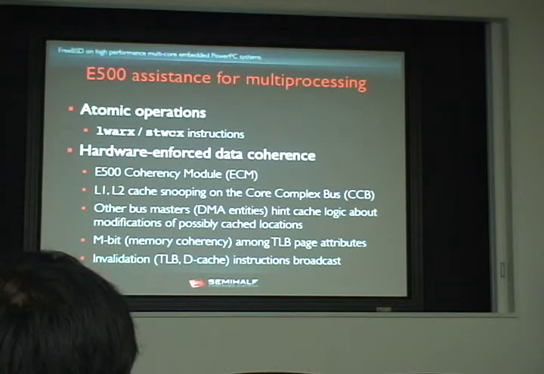And a similar mechanism is there for communication between the CPUs themselves, between their L1 caches. So whenever a given CPU is modifying a location that is potentially cached in the second CPU's cache, it will let this other processor know by hardware means. So the software doesn't need to do anything.